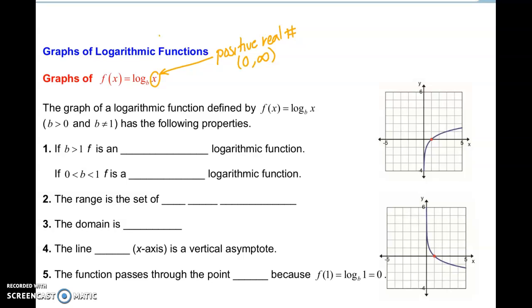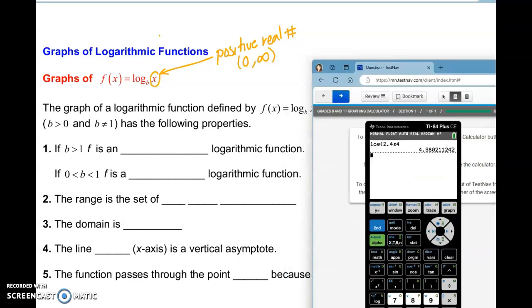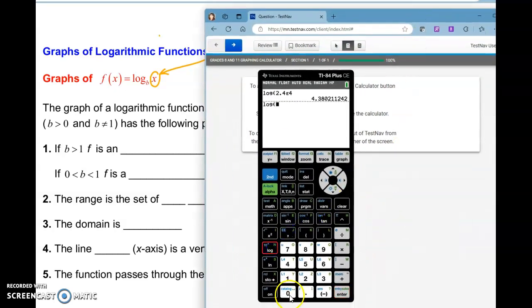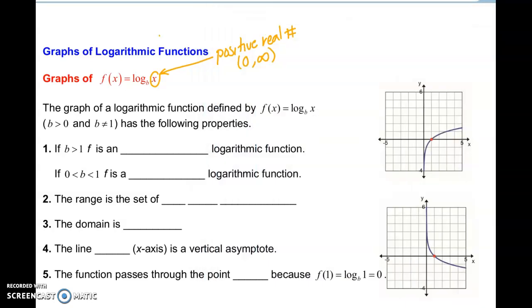You'll notice if you take the calculator and put in the log of 0, it will tell you there's an error. If you put in the log of negative 5, it will tell you there's an error. So you have to be careful that this value comes from the positive real numbers.